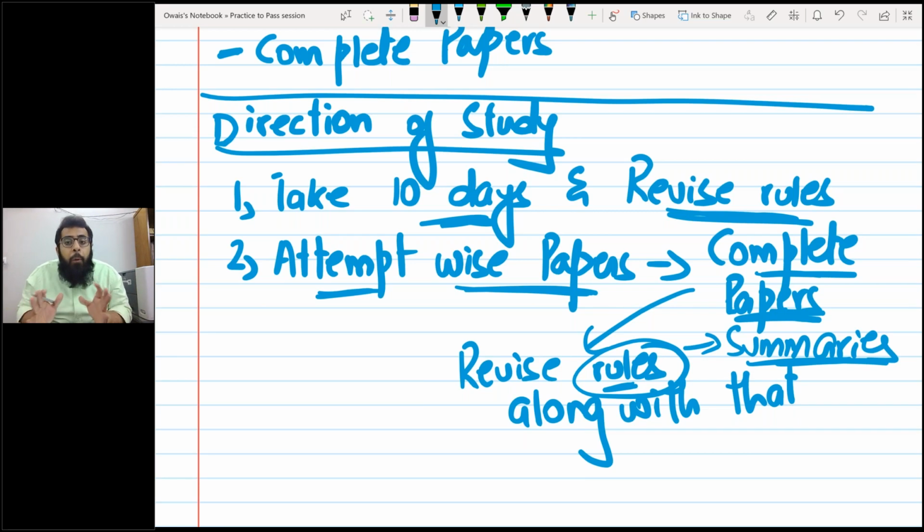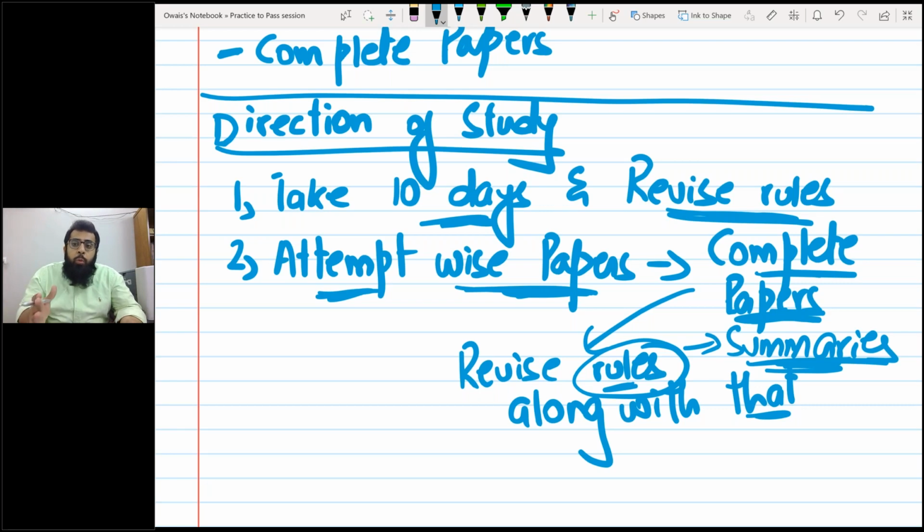Then do attempt-wise papers, do complete papers, read the summaries, and do your revision. Yes, this is all about UK variant advanced tax. This session is for UK variant advanced tax, and all the handouts and everything are for the UK variant.